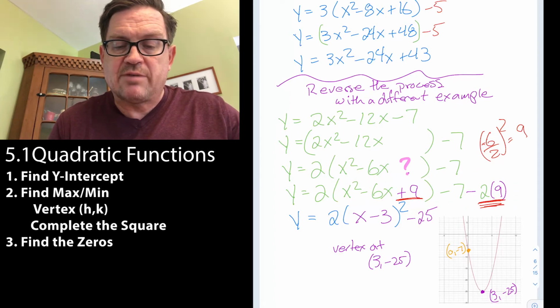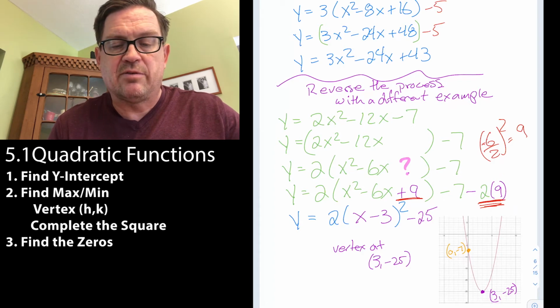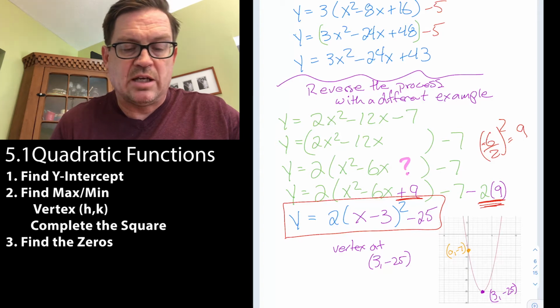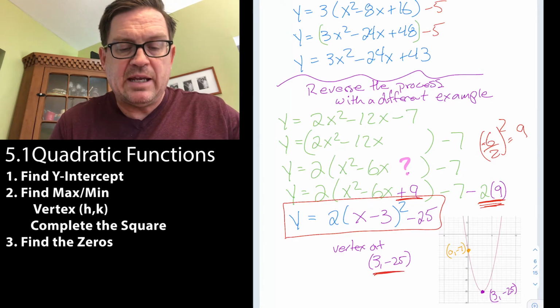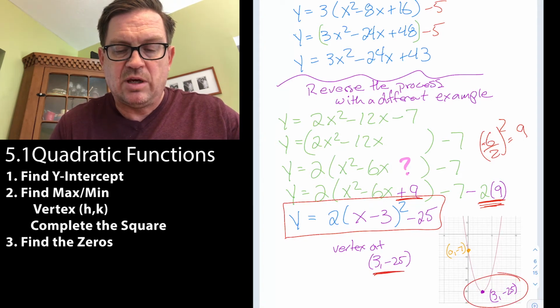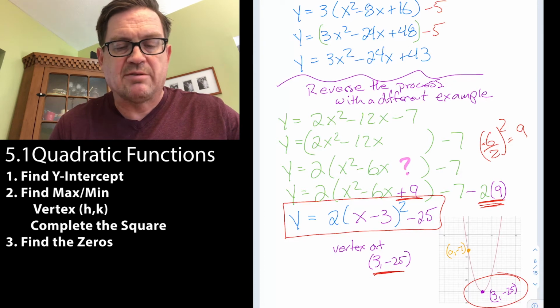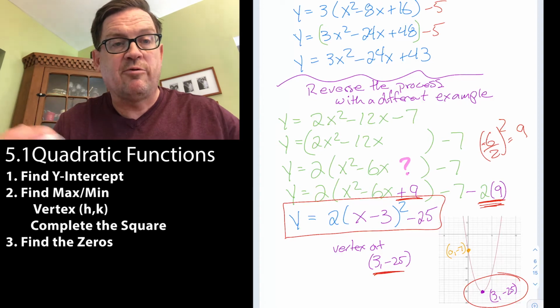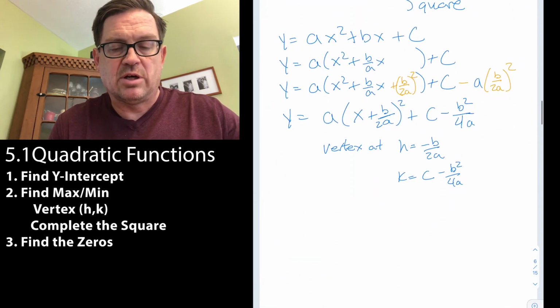And then you just have to clean up your constants out the back. You've got -7 minus 18 is minus 25. And so when you're done, you get that. And from that, it's easy to see that the vertex is at 3, -25, which the graph shows it is. So if you can change that into the completed the square form, then it works out very nicely.